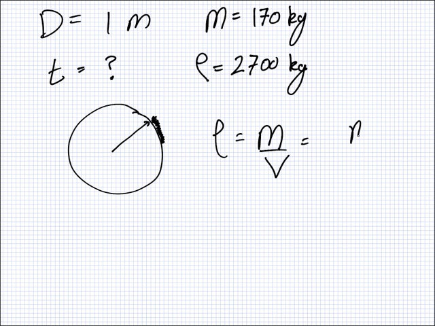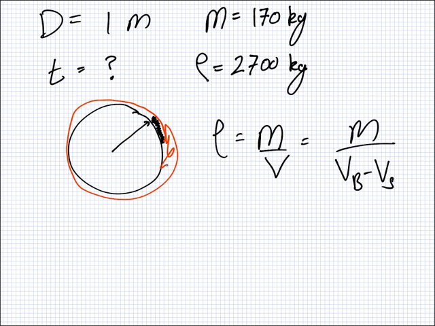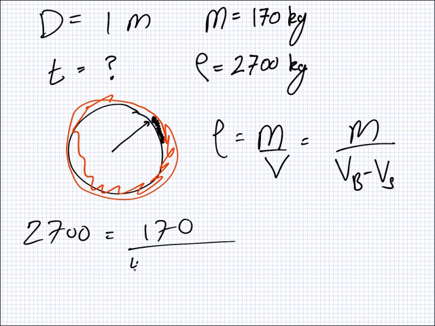But this time the volume is the volume of the big sphere minus the volume of the small sphere, if we imagine a bigger sphere on the outside. Do you get what I'm picturing here? Okay, let's see what equation we can make. 2,700 equals 170 over 4 over 3 pi.